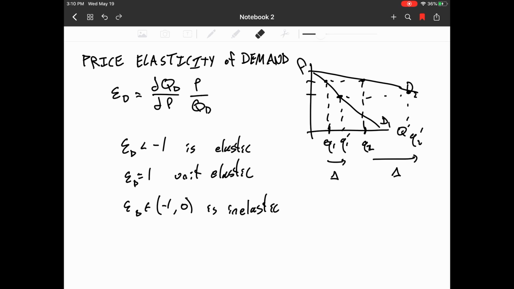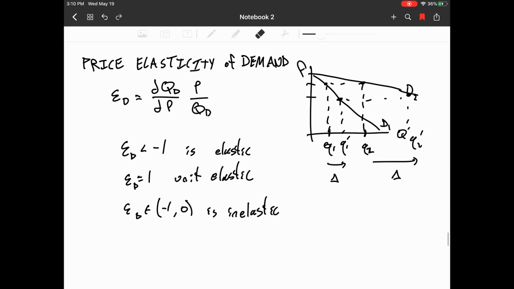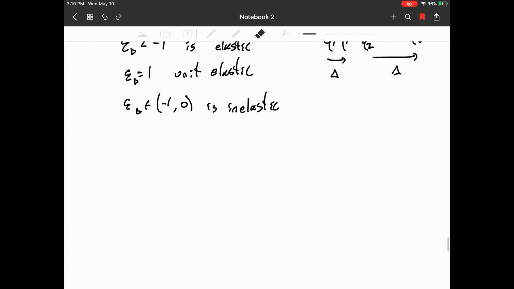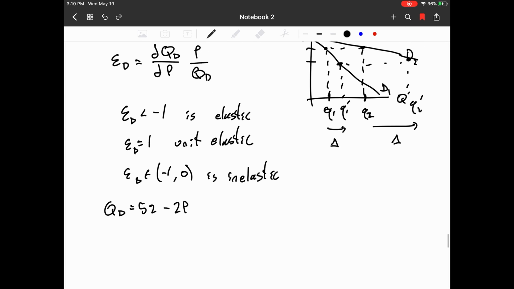Okay, so let's go through and calculate this for our linear demand curve. If you'll remember, we had QD equal to 52 minus 2p. And so for our elasticity of demand, we're just going to take the derivative of QD with respect to p.